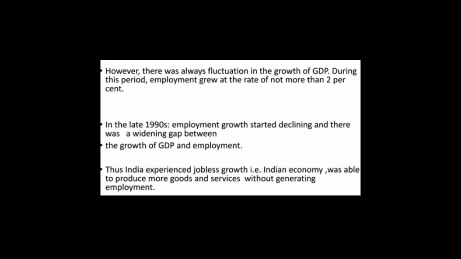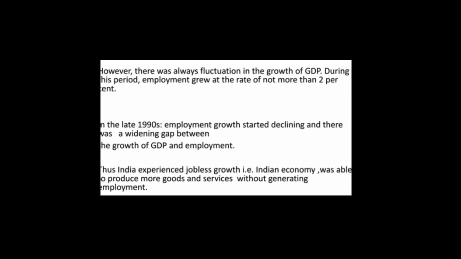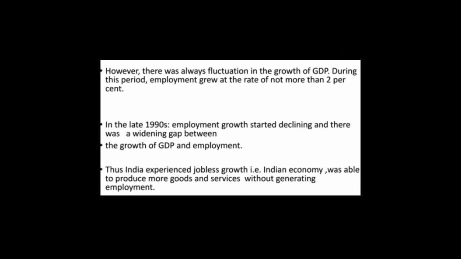Employment grew at a rate of not more than 2%, but in the late 90s, employment growth started declining and there was a widening gap between the growth of GDP and employment. Thus, Indian economy experienced jobless growth, that is, it was not able to generate as much employment as it was generating the goods and services.